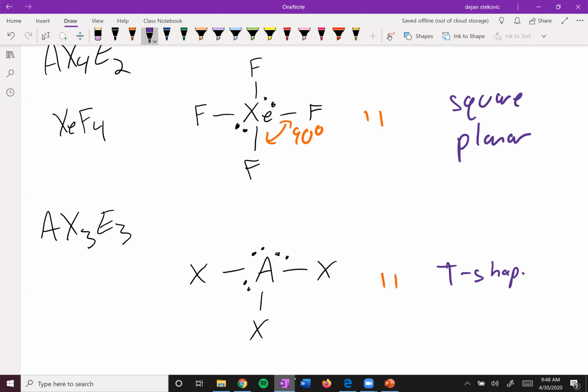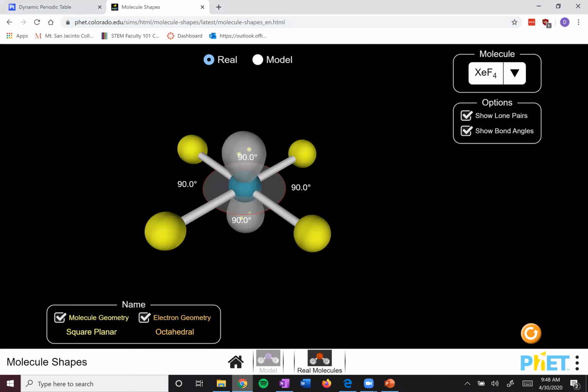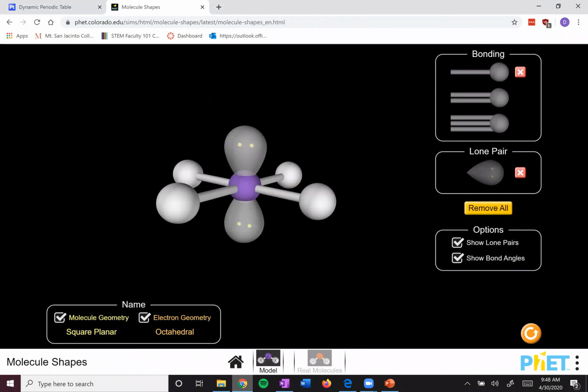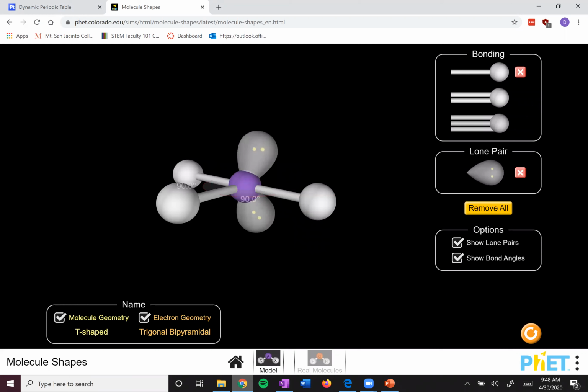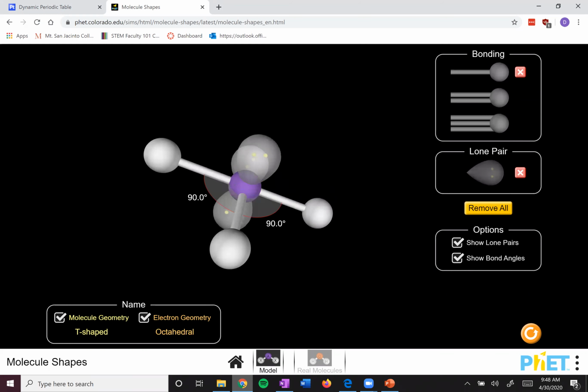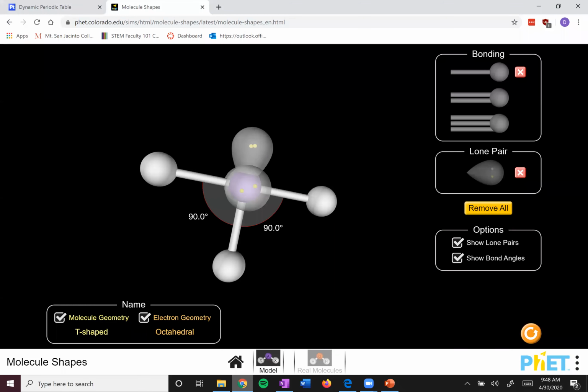It's the same shape as before, except the only thing here is that these bond angles are now less than 90 degrees. So let's take a look at that. Take another atom away, put another atom in, and you get T-shaped. But the model obviously doesn't show the less than 90 degrees.